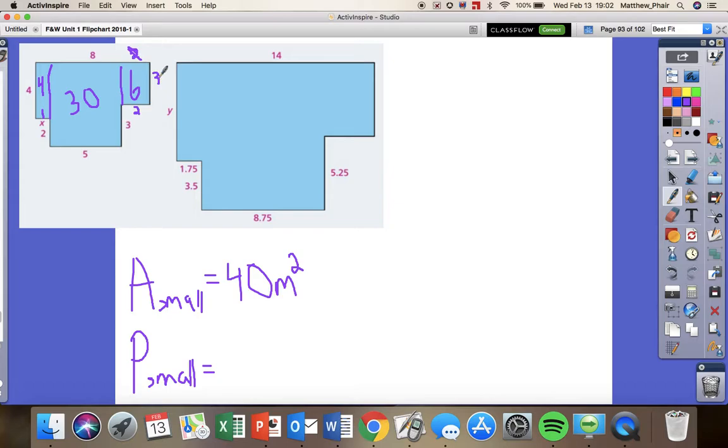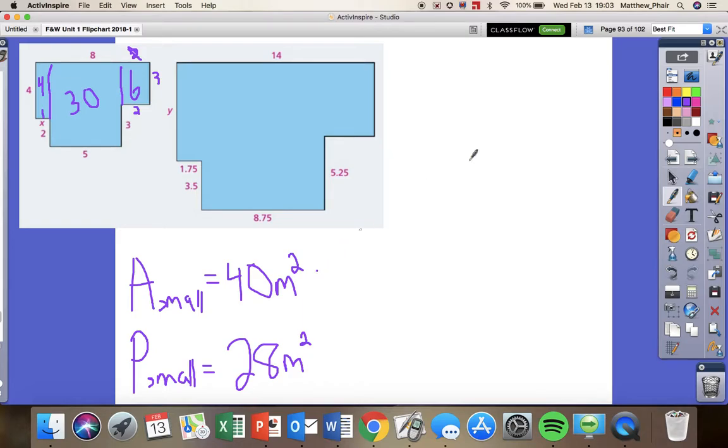So I have 8 plus 3 is 11, plus 2 is 13, plus 3 is 16, plus 5 is 21, plus 2 is 23, plus this little 1 is 24, and plus the 4 here is 28. And so we get a perimeter of 28 meters.